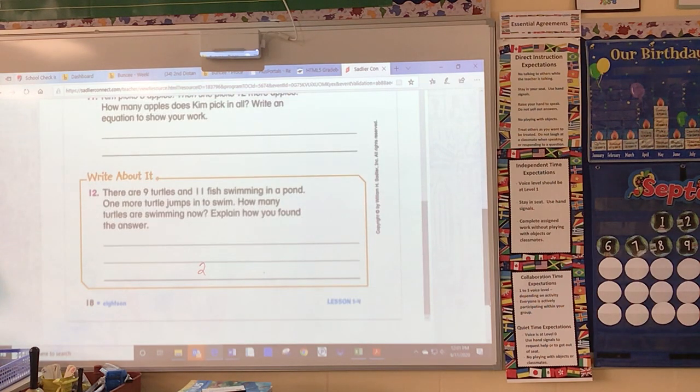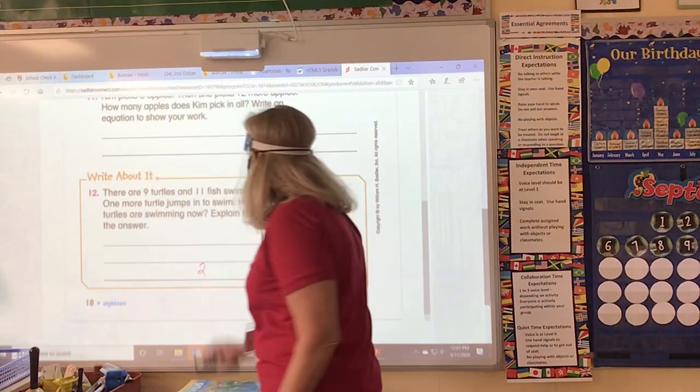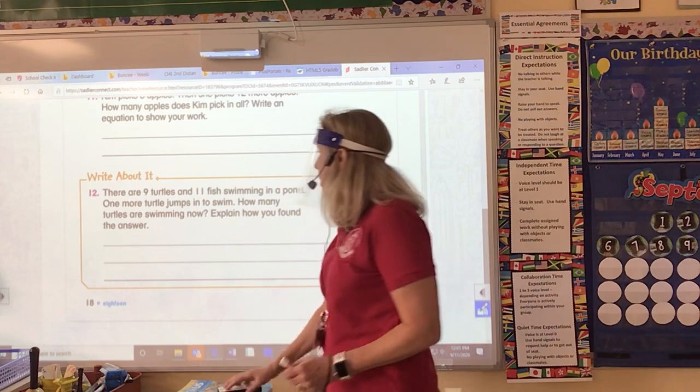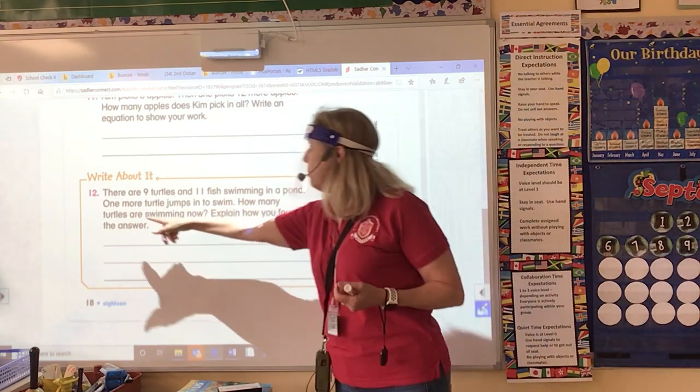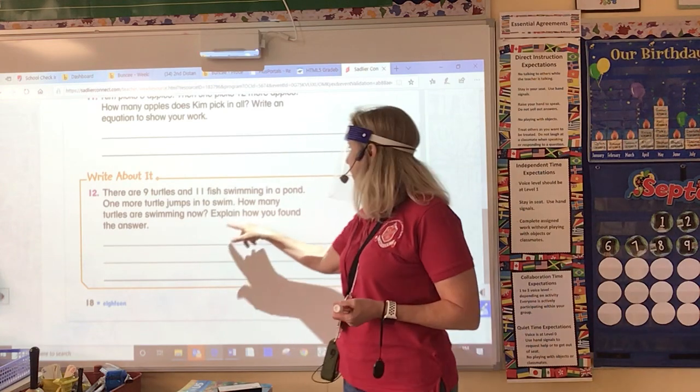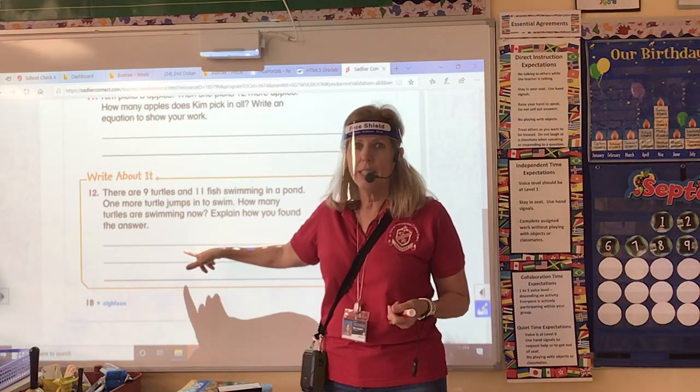Okay, so this is on your very last page, the page that says homework. And it's your write about, number 12. So it says, there are 9 turtles and 11 fish in a pond. 1 more turtle jumps in to swim. How many turtles are swimming now? Explain how you found the answer.